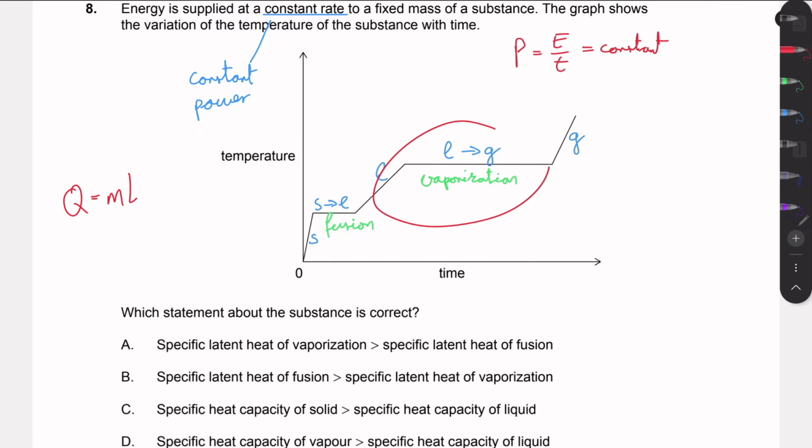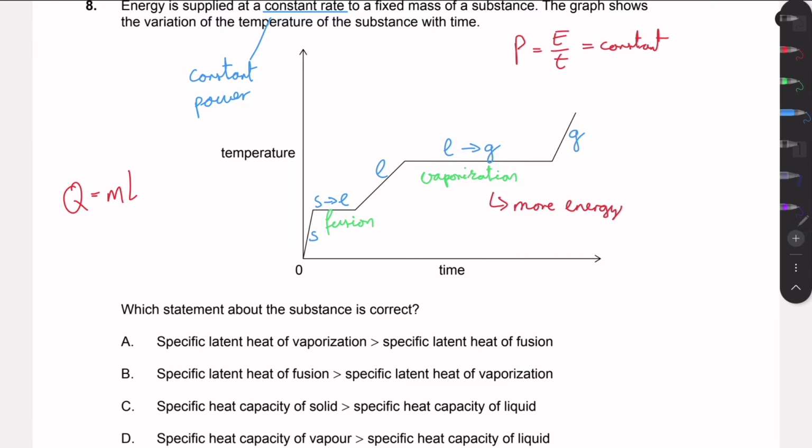But when we were vaporizing it, we needed to apply this constant power for a longer time. So this required more energy when we're comparing it to the fusion part, as that got finished pretty quickly. We didn't need so much energy. We didn't need to apply our constant power for so long. So we needed more energy here, which means if we need more energy for the same mass of substance, then our specific latent heat of vaporization must be larger than our specific latent heat of fusion.